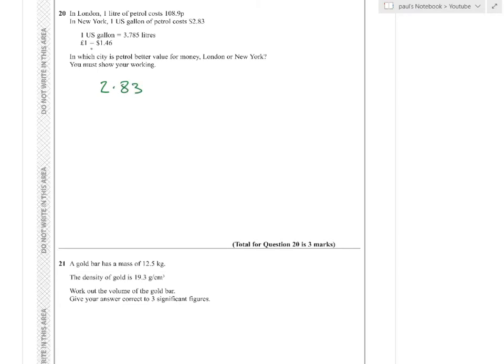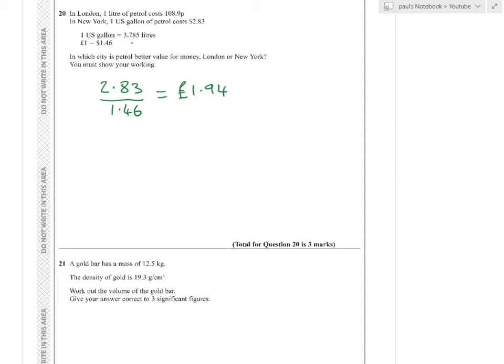Now let's convert that to pounds by dividing by 1.46. 2.83 divided by 1.46 is £1.94. So a gallon of petrol in New York is £1.94.